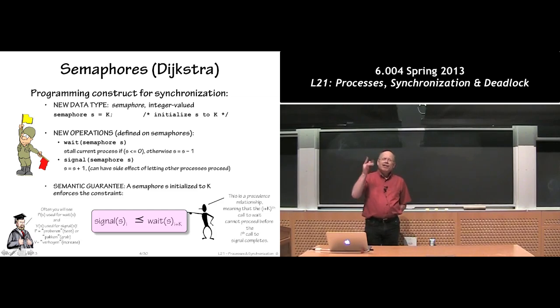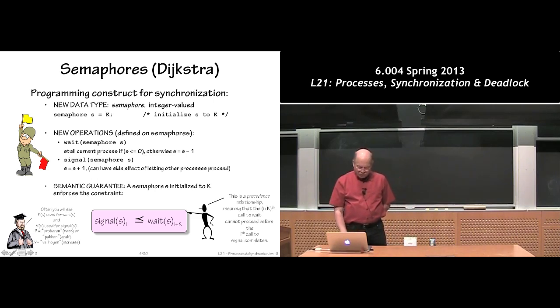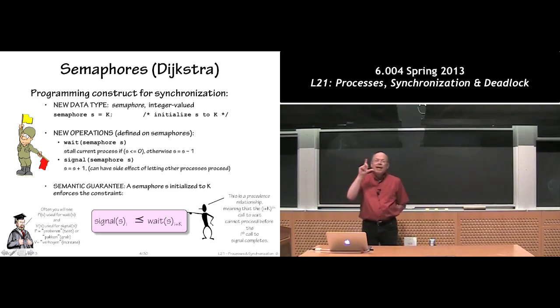No, not ETH. Technical University at Eindhoven, I think that's where he was. I don't know, does Steve remember where he was? Anyway, no, Steve doesn't. Anyway, P and V. In the literature you see P and V, and you can decide that they mean wait and signal.